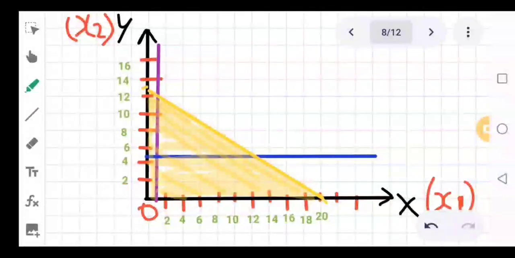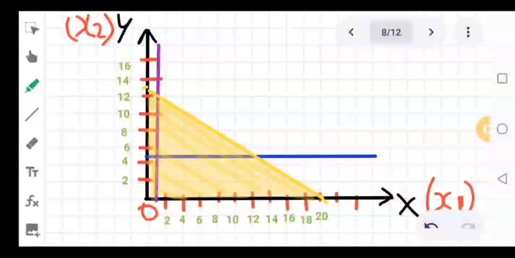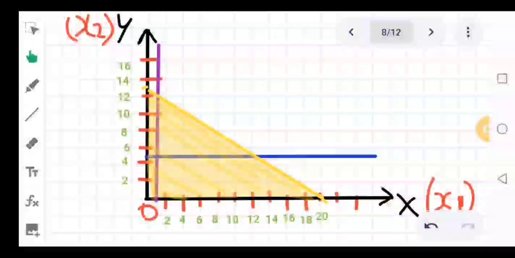From the line I am shading it towards the origin because they had used the less than or equal to sign. Whenever the less than symbol is used, we are going to shade it inwards. Shading inwards means shading towards the origin, from the line, because there is a less than or equal to sign.